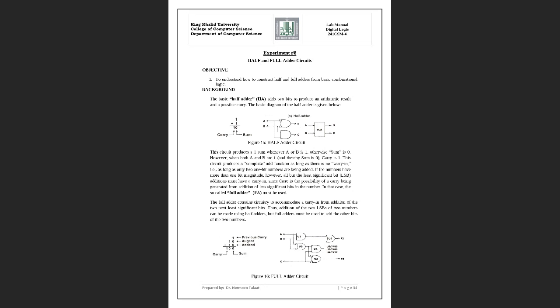How are we going to combine two half adders? The half adder adds two inputs, but here the full adder uses three inputs A, B, C. These are the three inputs, and F3 and F5 are shown here, that is your sum and carry. F3 is your sum and F5 is your carry.